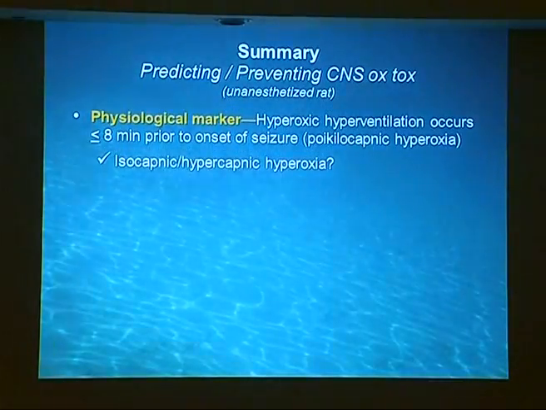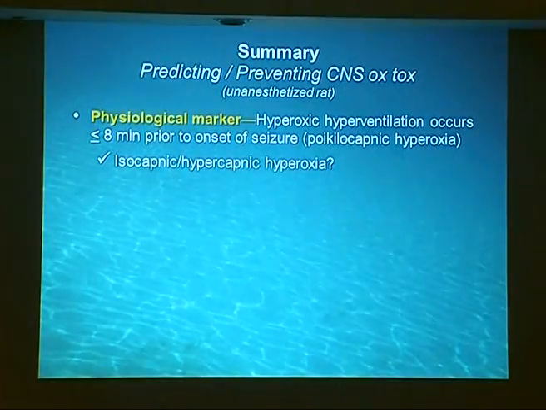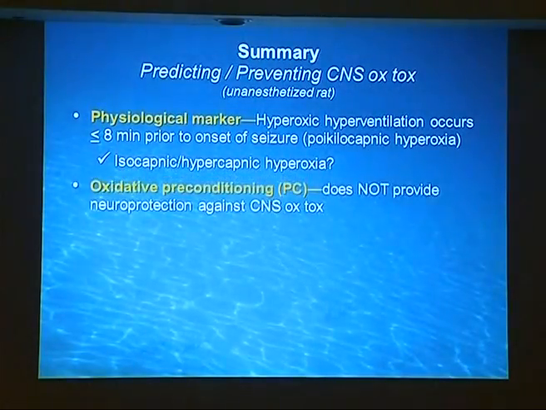In summary, physio marker we think is hyperoxic hyperventilation, and we want to be looking next at isocapnic hyperoxia, because we think a little bit of CO2 retention would be good since that happens in diving, and we think that might even give us a bigger ventilatory response preceding seizure.